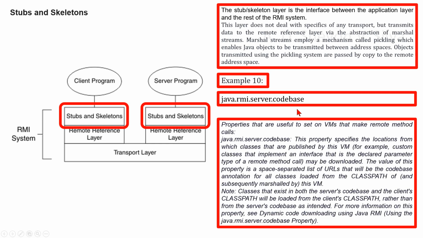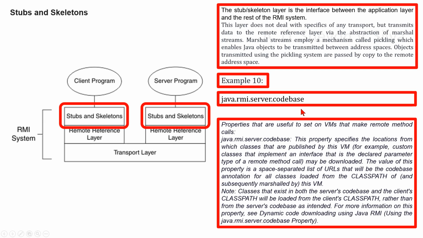Now we are considering properties that are useful to set on VMs that make remote method calls. Again, java.rmi.server.codebase. This property specifies the location from which classes that are published by this VM, for example custom classes that implement an interface that is declared as a parameter type of a remote method call, may be downloaded.